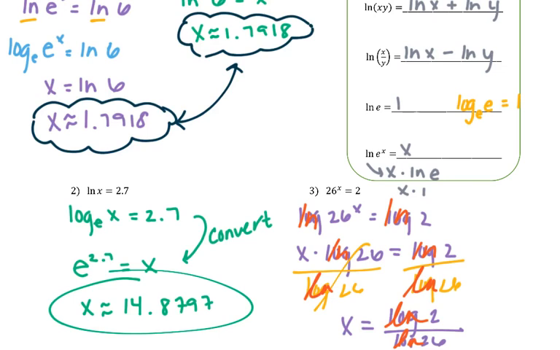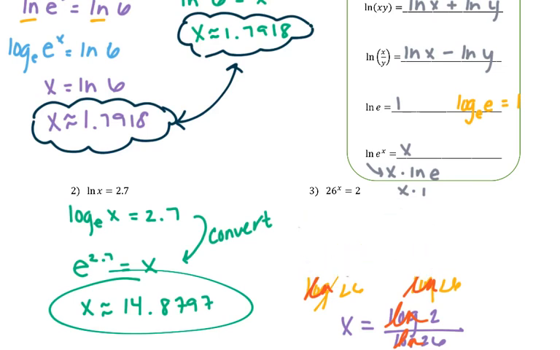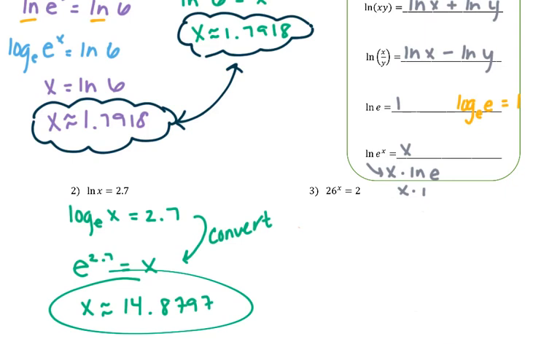All right, so let me erase this jumbled mess. I'm going to write what I got down there at the bottom. So one option that we had was log of 2 over log of 26. You could have also gotten the natural log of 2 over the natural log of 26.